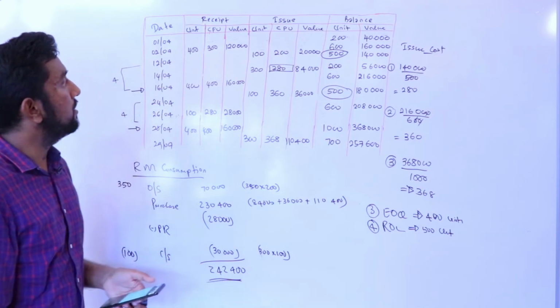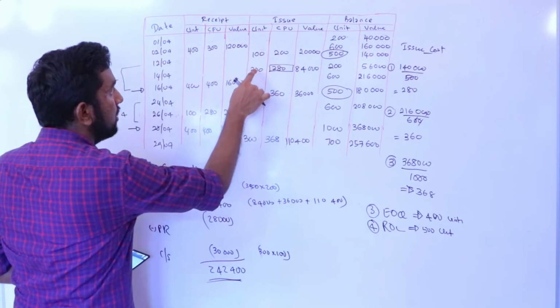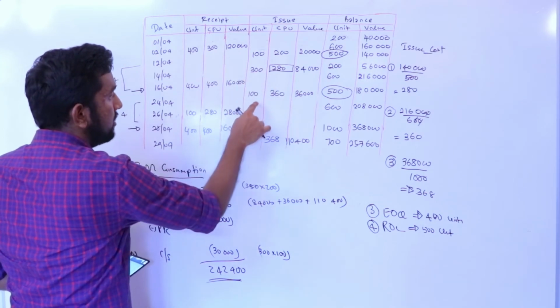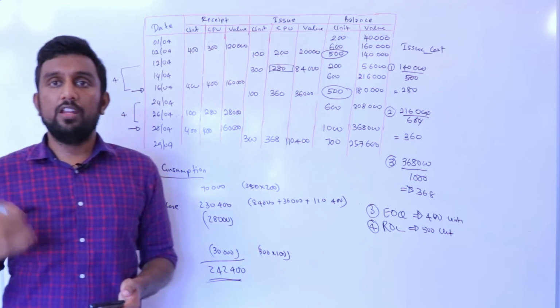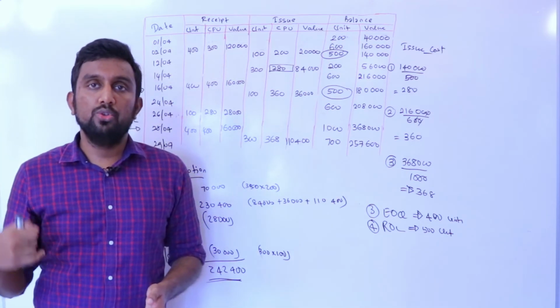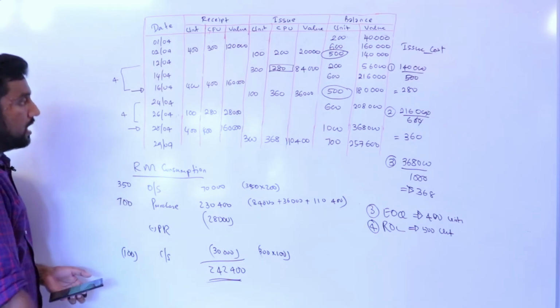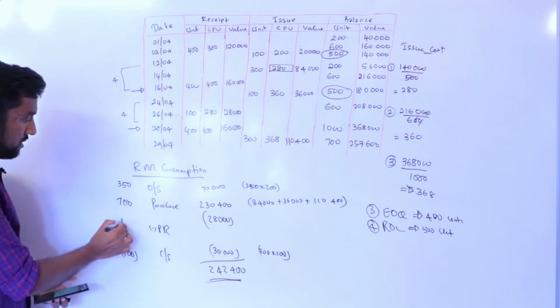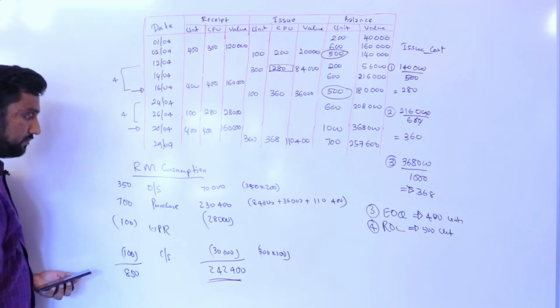Purchase is 300, 100 and 300. Purchase means purchase in the manufacturing plant, which is issue in the store. So total purchase is 700, and purchase return we do have 100. So this one is 850.